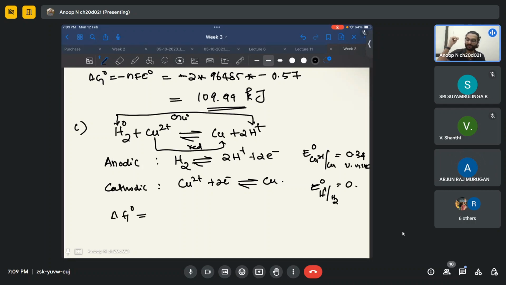Delta G0 is equal to minus 2 into 96485 into 0.34.